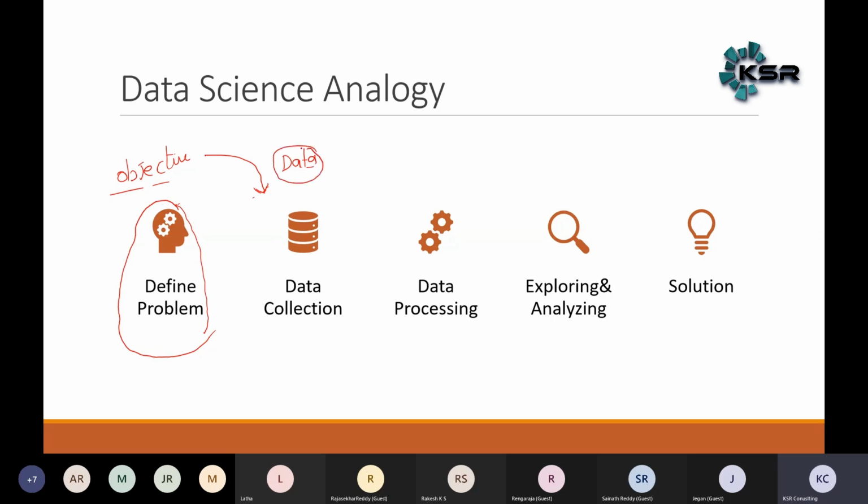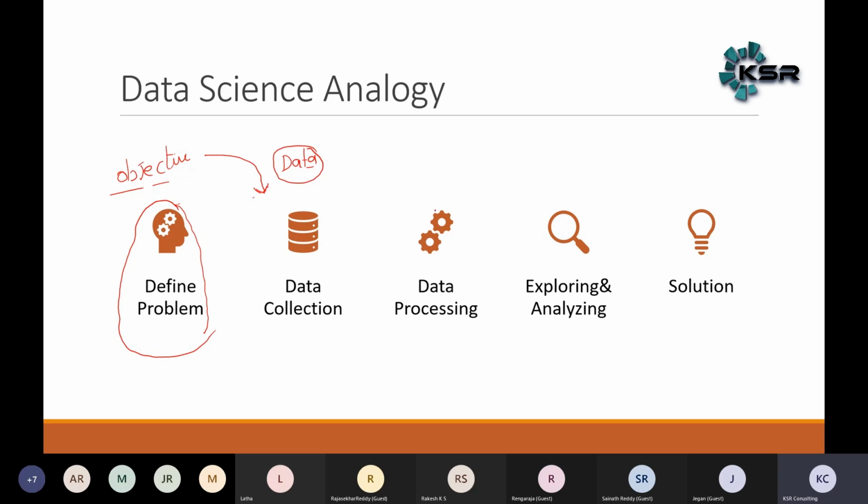We require data collection. What are the different ways we can collect the data, or what kind of data do you require to solve the business problem? That is most important.